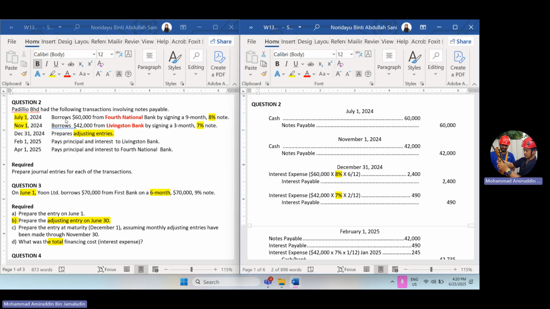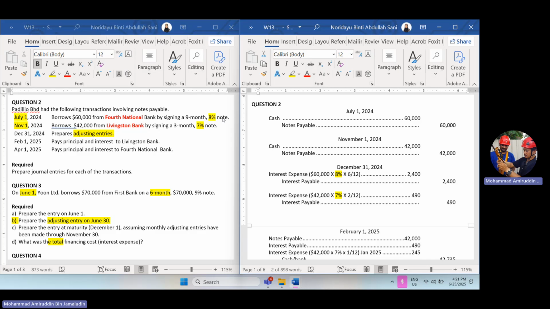But here, since you borrow the money and you issue a note, meaning you give the notes payable to the bank. So at any time, this bank will collect the money from you because you are the one who issued this notes payable. And what's good about this notes payable? The collector, meaning the bank in this case, will collect together with the interest charge on this notes payable.